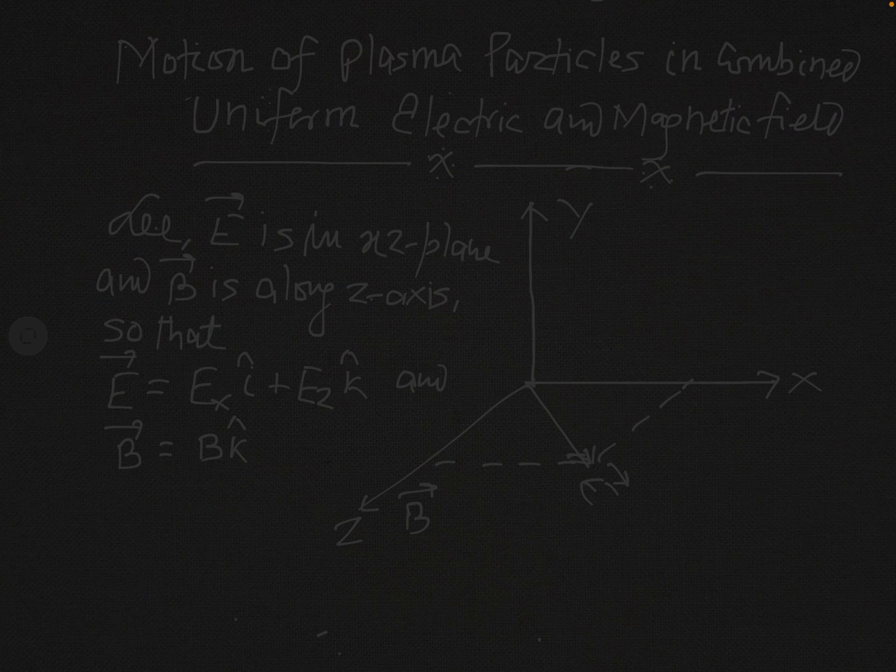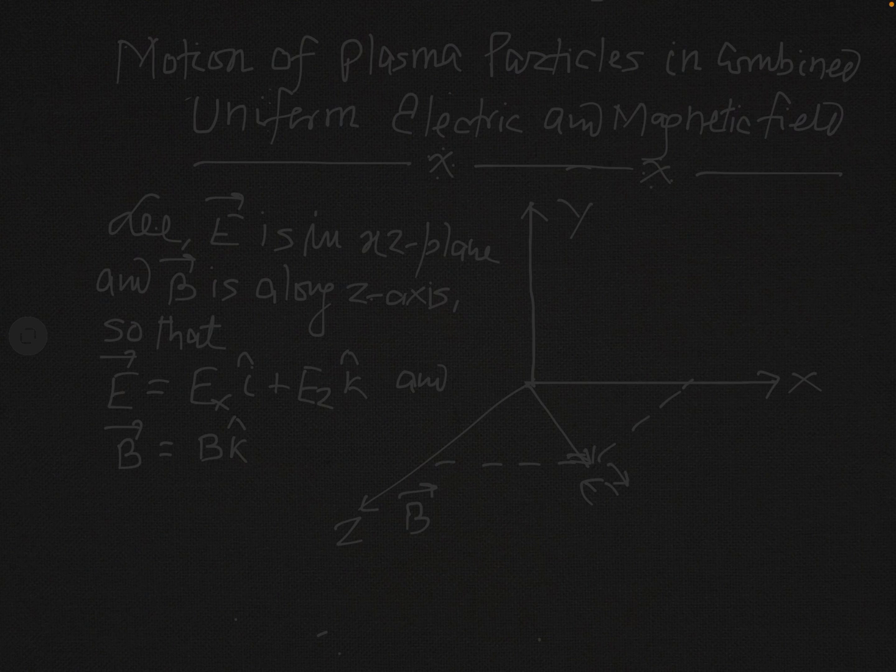As the electric field is in the xz plane, its y component is 0, and hence in terms of components the electric field can be expressed as E equal to Ex i plus Ez k. Ey is 0 because we have considered this electric field in the xz plane. And since the magnetic field is uniform and directed along the positive z direction, we write B equal to B k.